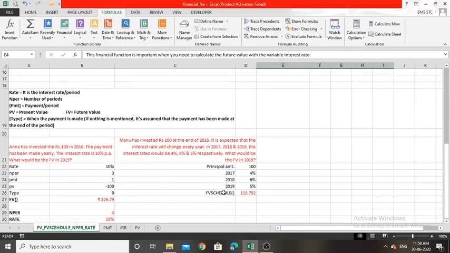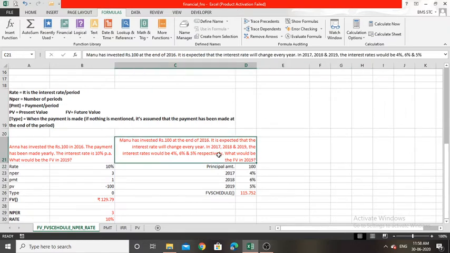So look at the next example. Manu has invested rupees 100 at the end of 2016. It is expected that the interest rate will change every year. In 2017, 2018 and 2019, the interest rates would be 4%, 6% and 5% respectively. What would be the future value in 2019?